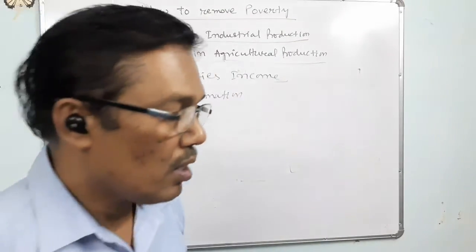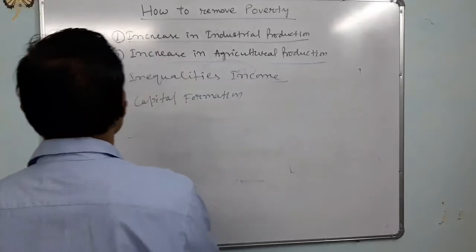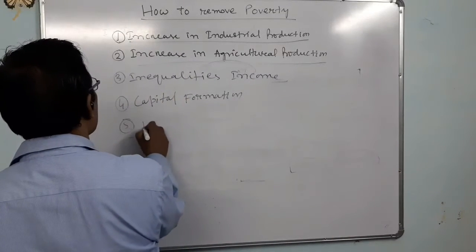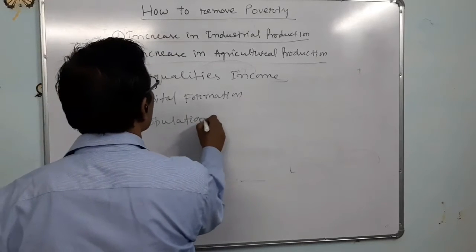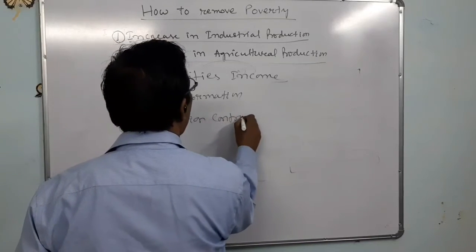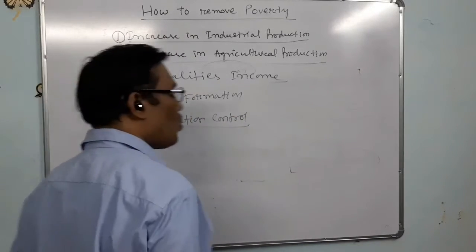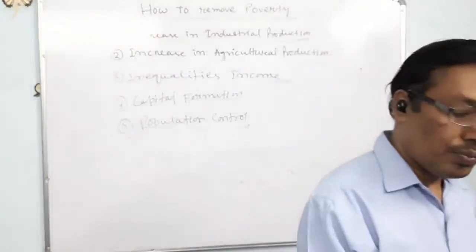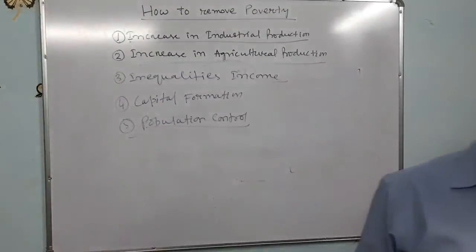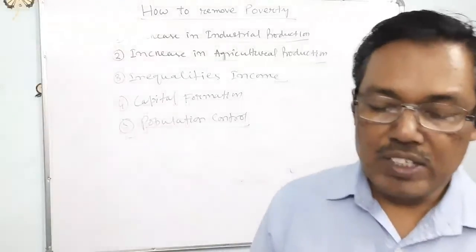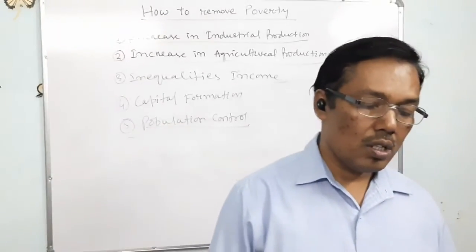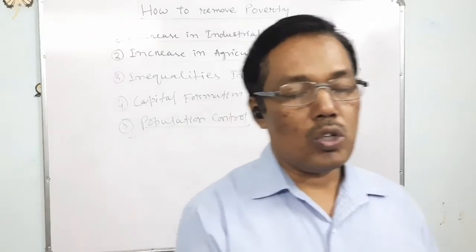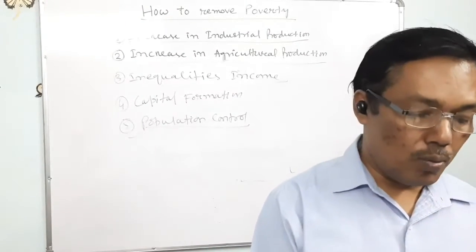Among all of them, one point is population control. How to control our population? Among the measures, family planning is the most important method. So how to control or check the population?